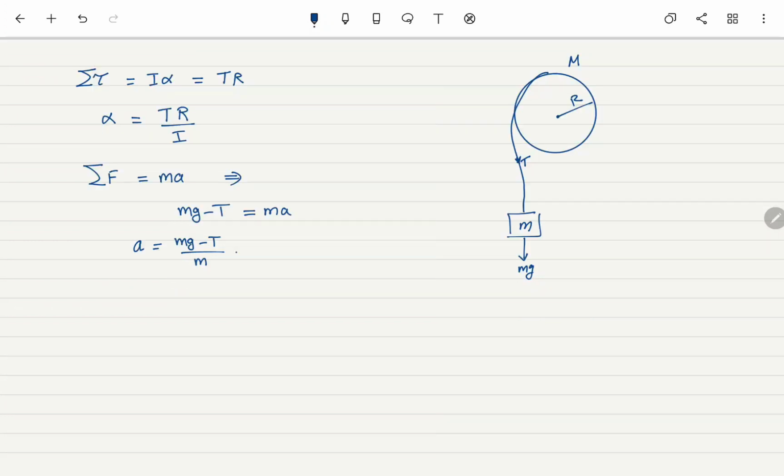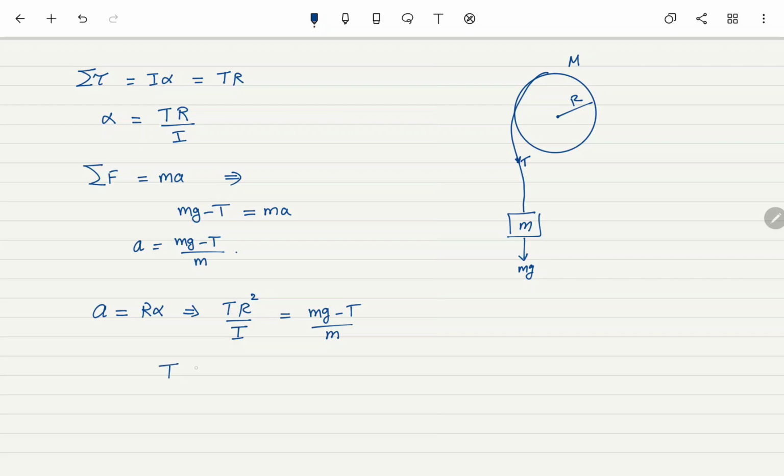Now the relation between the angular acceleration and the linear acceleration is a equal to r alpha. In this case, alpha equal to Tr over I. In other words, T r square over I, which equal to mg minus tension over m.